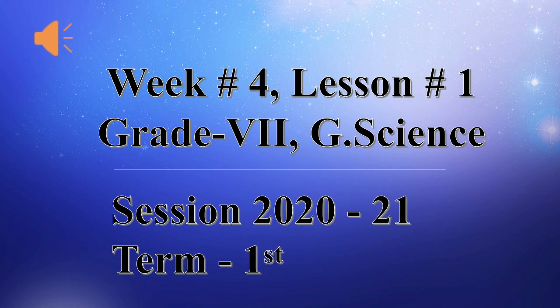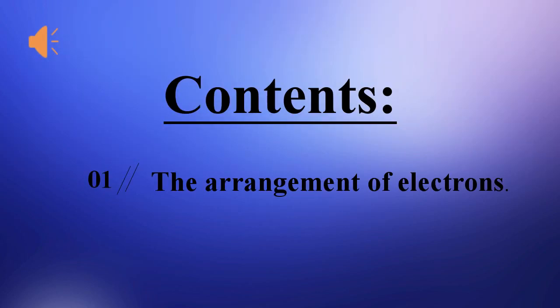Today we are going to start our lesson number 1, for week 4, of the first term. Dear students, in the previous lectures, we have already discussed that an atom contains 3 subatomic particles: electron, proton, and neutron.